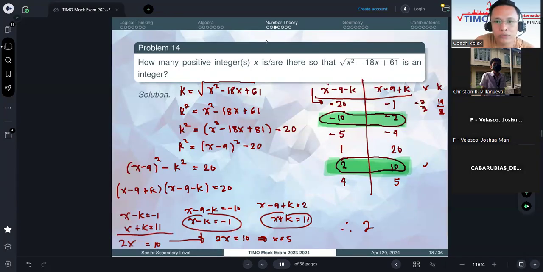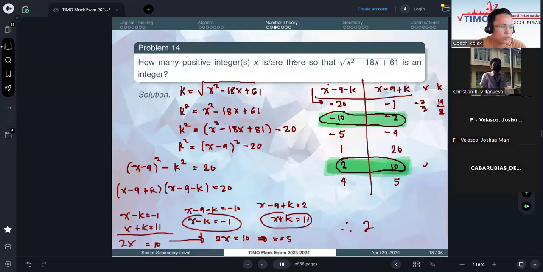If x is equal to 5, 25... If x is equal to 5, what's the other value for that?